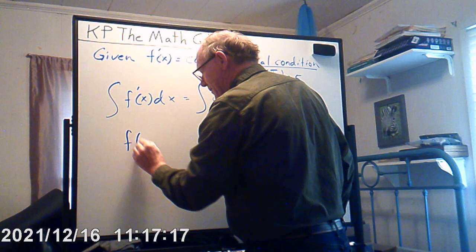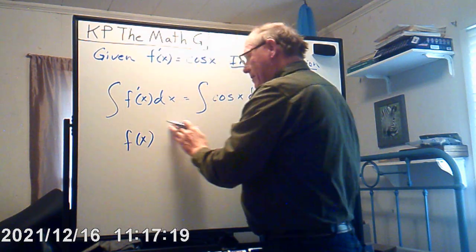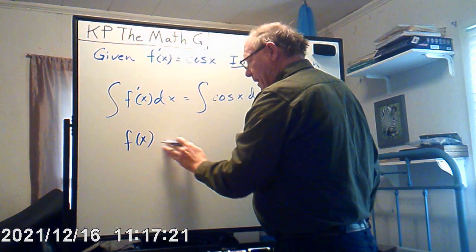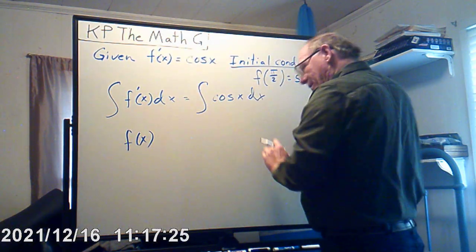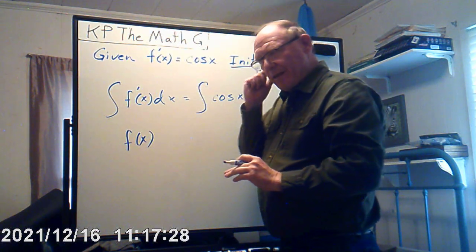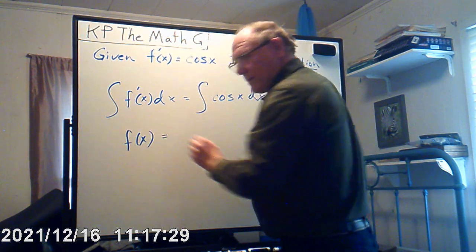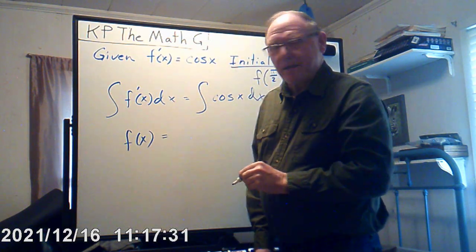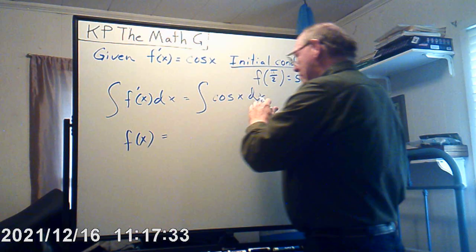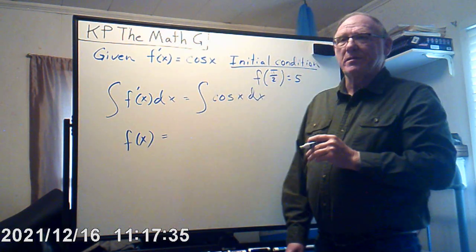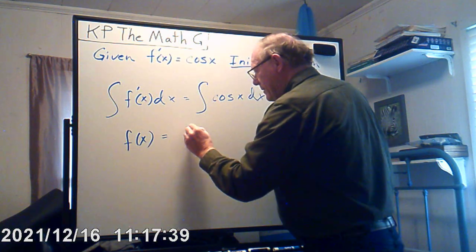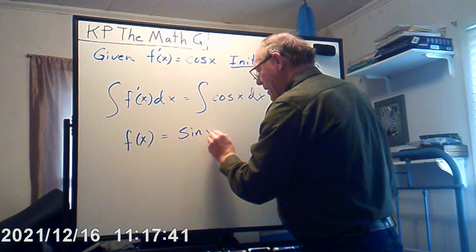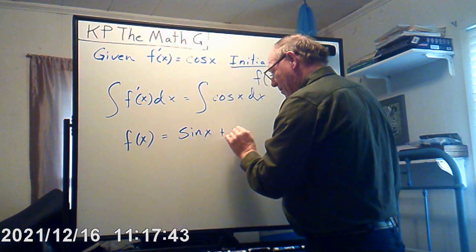See, that's f of x. And we're going to reserve the plus c for this side of the equation. Now remember from the last video, the antiderivative of cosine x is sine x, and now plus c.